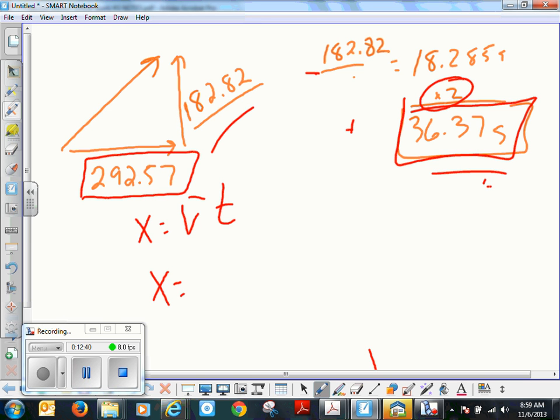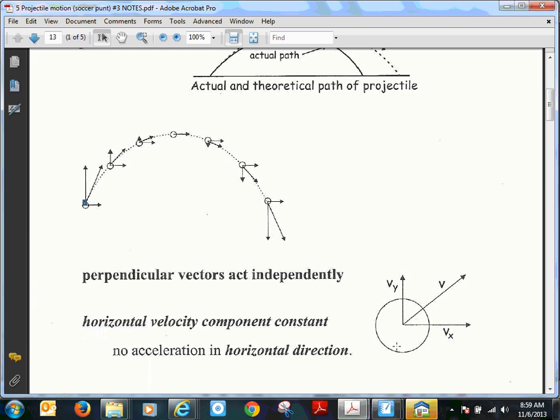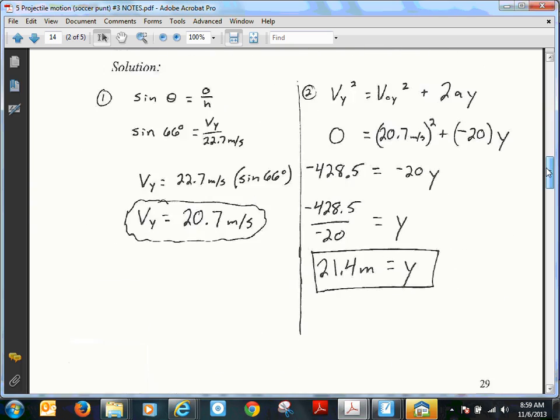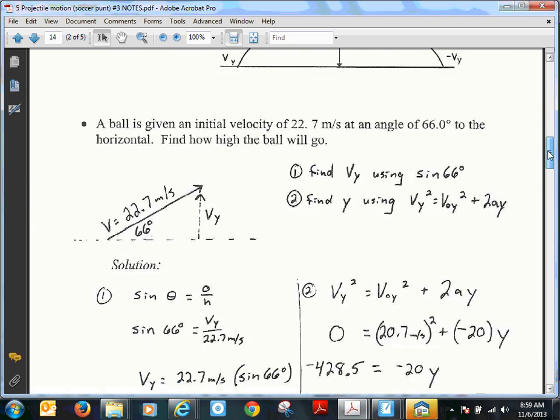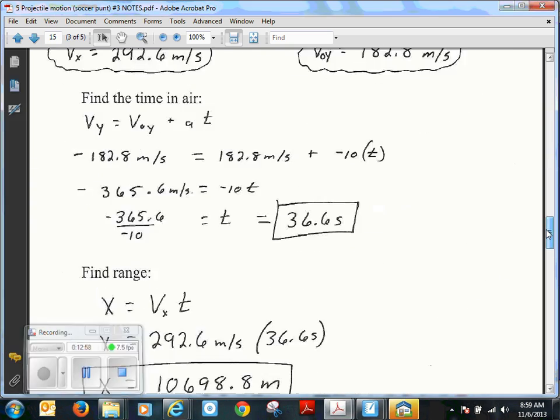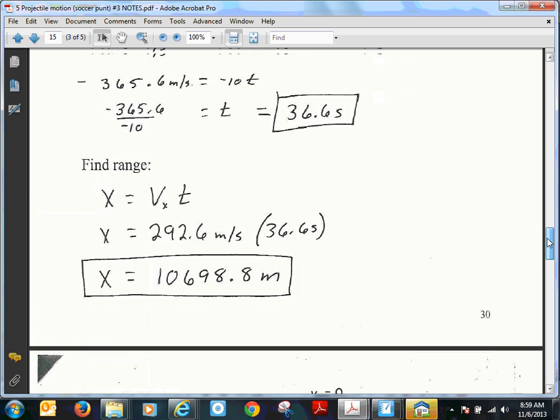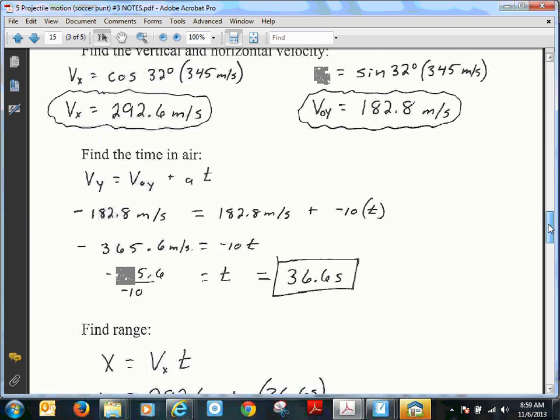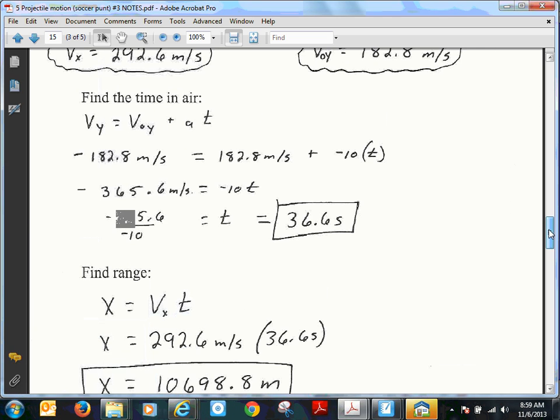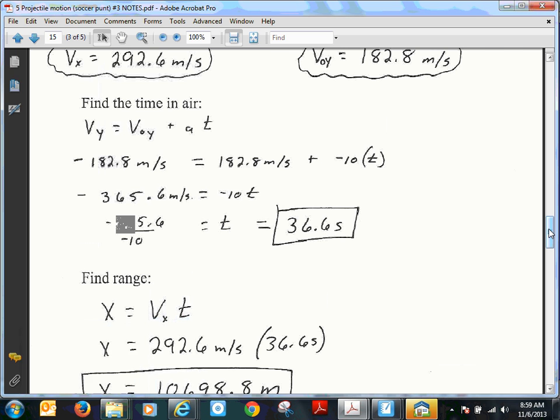So x then equals velocity in the x direction times 36.37, and that number fills in right there. And we should see then that our answer is 10,698. Okay? Any questions on that?